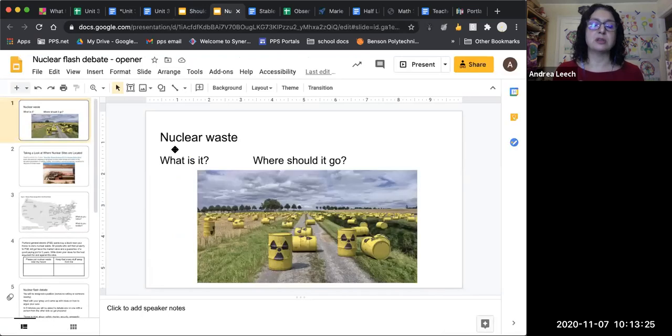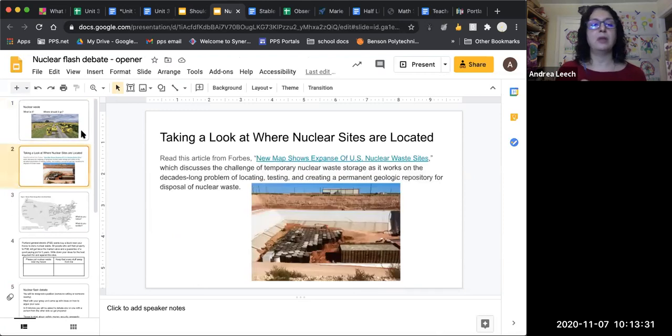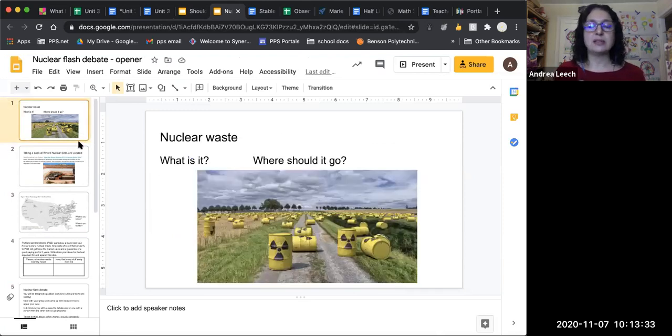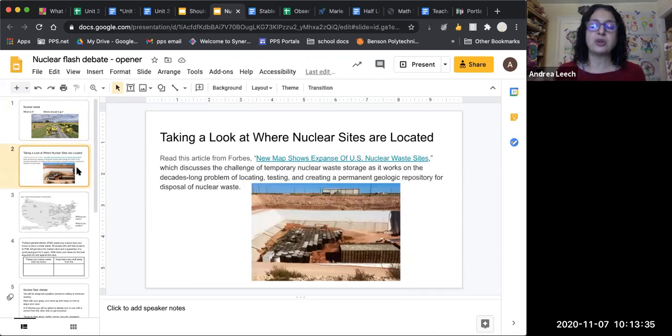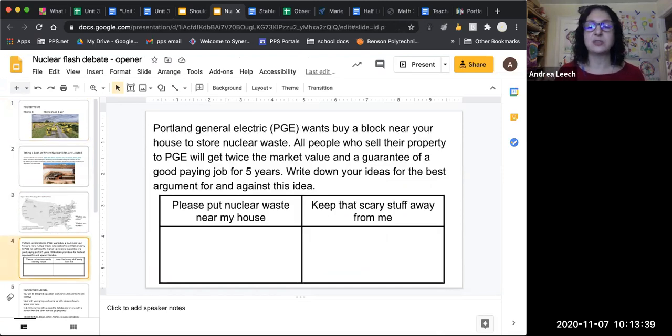If your students need to be a little bit more rowdy, I tend to do this one, which is basically about nuclear waste. We introduce nuclear waste and where it's located, and then we introduce this ridiculous scenario where PGE is going to buy the house across the street from you, and they're going to buy that whole block across the street from you.